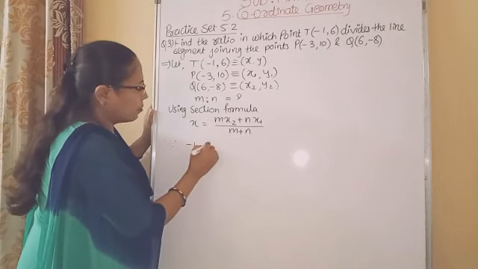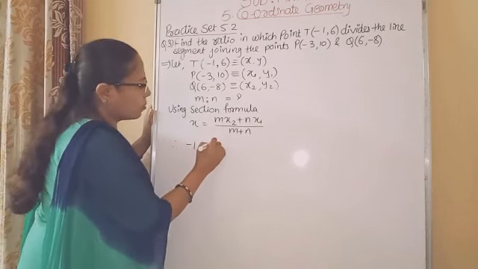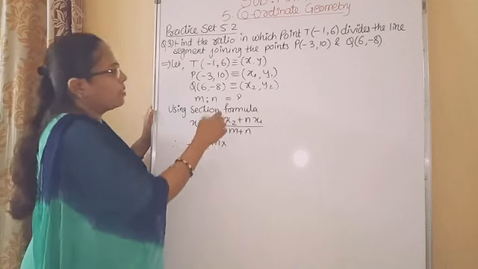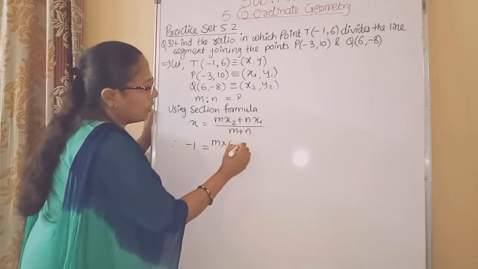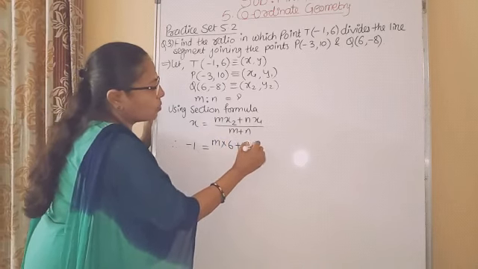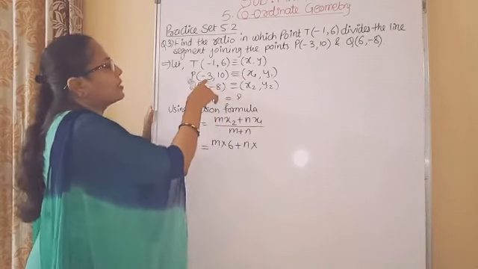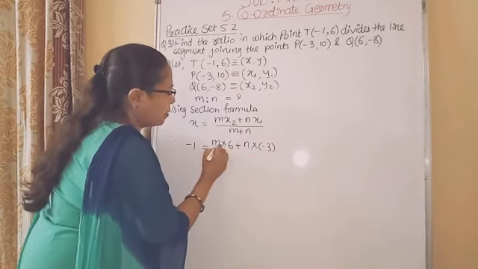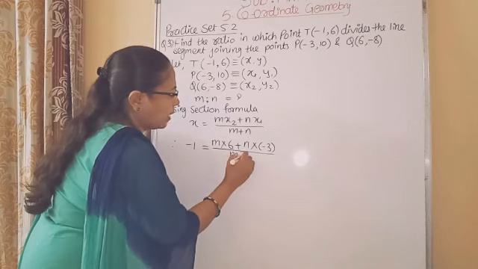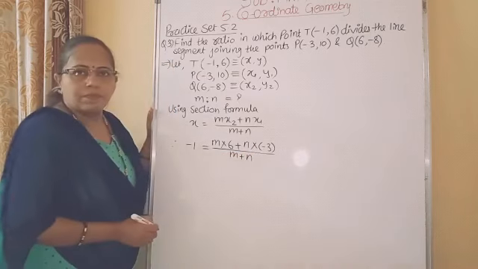Therefore, negative 1 equal to m we don't know, so m into x2 equal to 6, plus n also we don't know, and x1 is equal to minus 3. So write in bracket, upon m plus n.